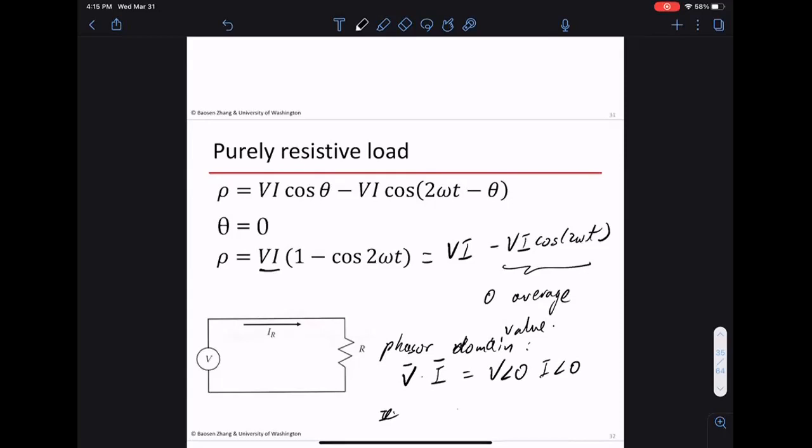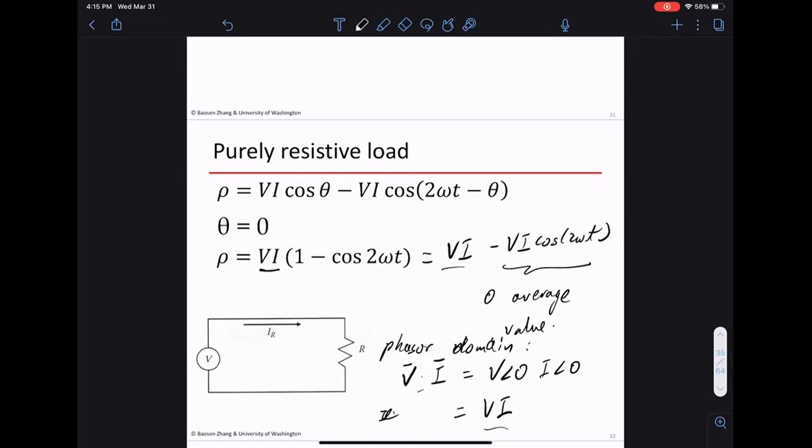Since there's no angle difference, you also get V times I. So the idea is we want to relate what happens when you multiply the complex numbers together to the instantaneous power. We make an identification of this V times I with this V times I. Basically, we want to ignore the VI cosine 2 omega t part. That's what we want.